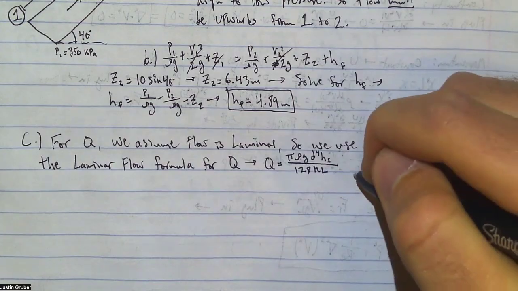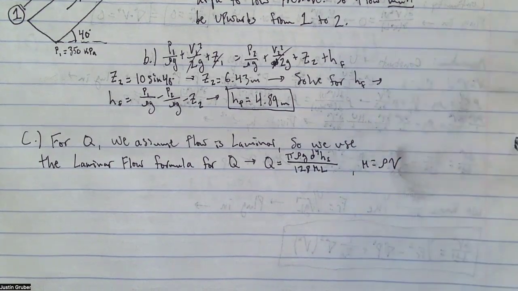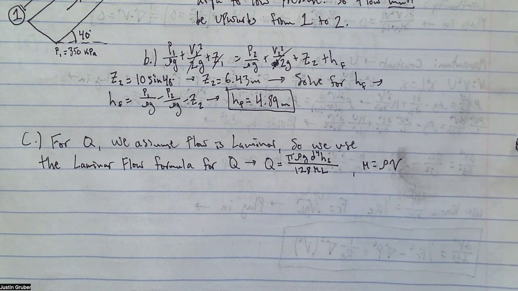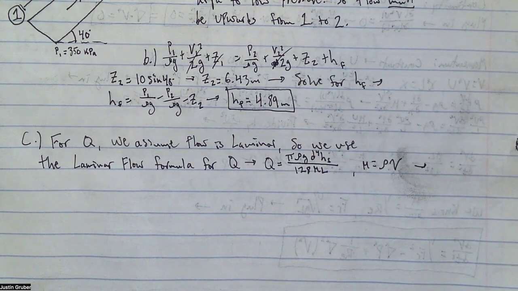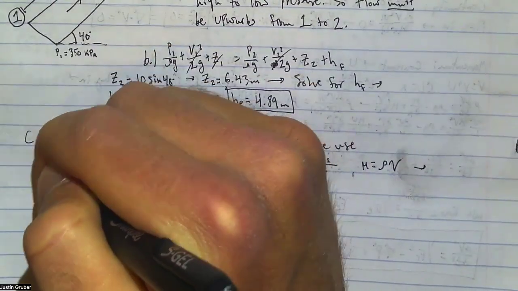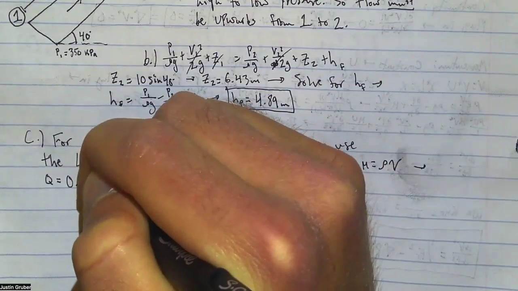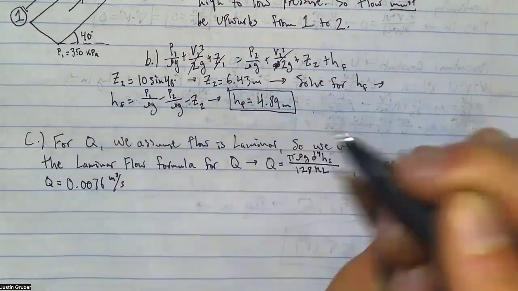Should be something like that. I believe. Yep. So go plug everything in. You end up getting Q equals 0.0076 cubic meters per second, right?